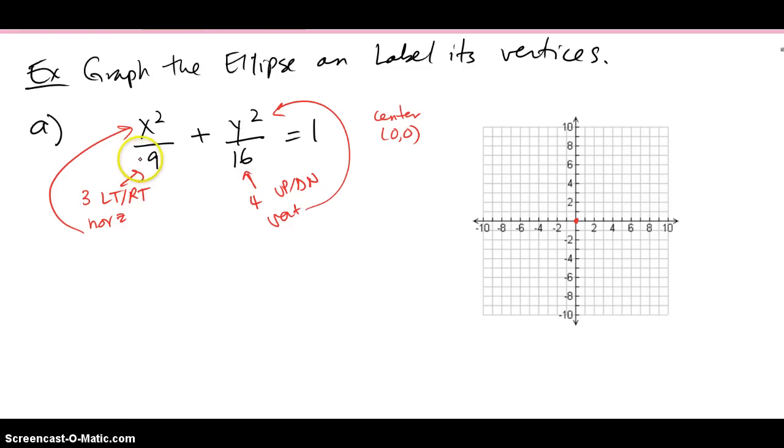And again, all we're really doing is taking the square root of 9 and the square root of 16 to get those values. So I go left and right 3 steps, and then I go up and down 4 steps, and just as easy as a circle, I make my ellipse. And the vertices are always along the major axis. So it's 0, 4, and 0, negative 4, and we're done.